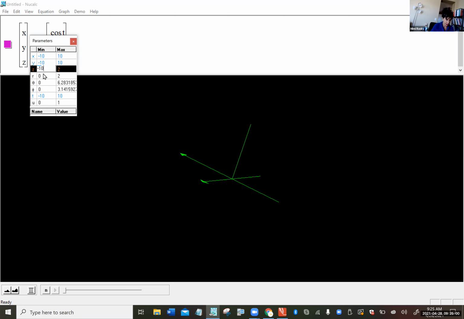We want much more. We could do 0 to 3 pi, but I just wanted to see more of this curve. There we go. And that's kind of neat. You can see it is a helix, and it's a beautiful curve. And so you're integrating over that curve. That's cool. Love these things.